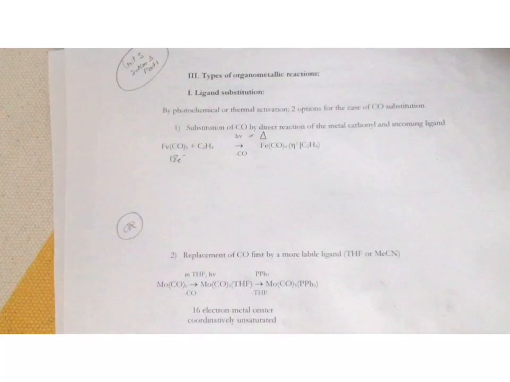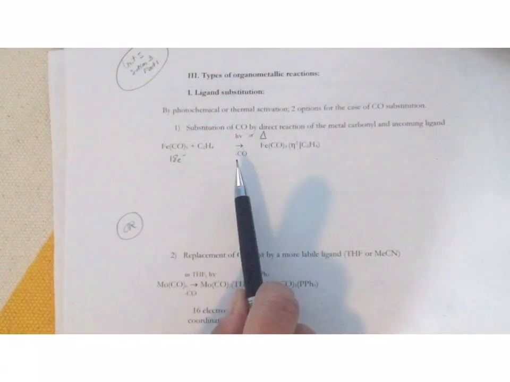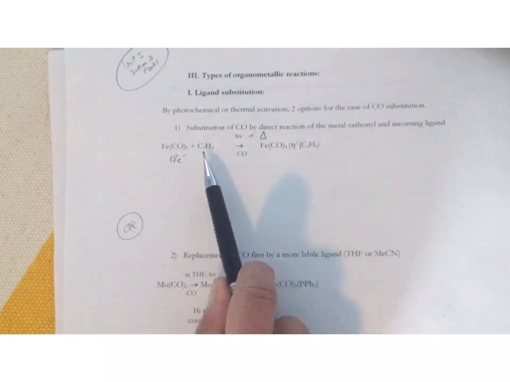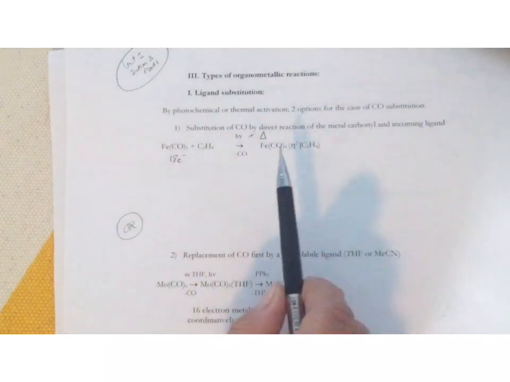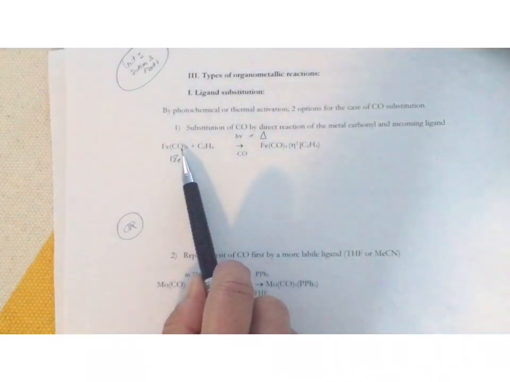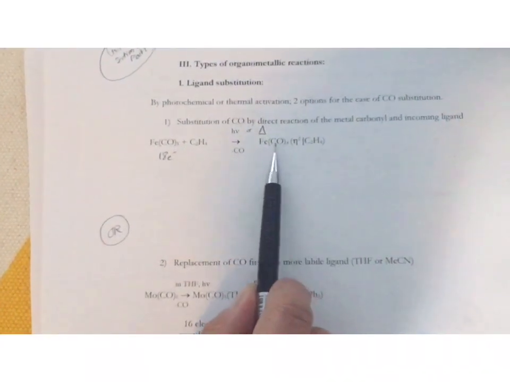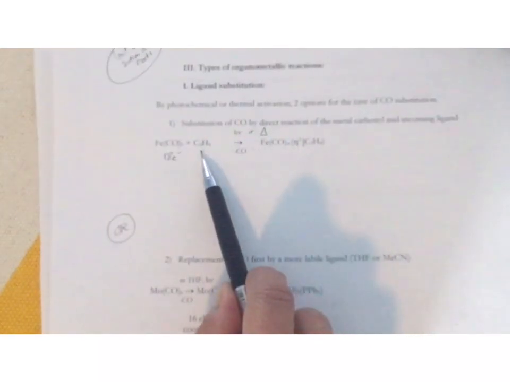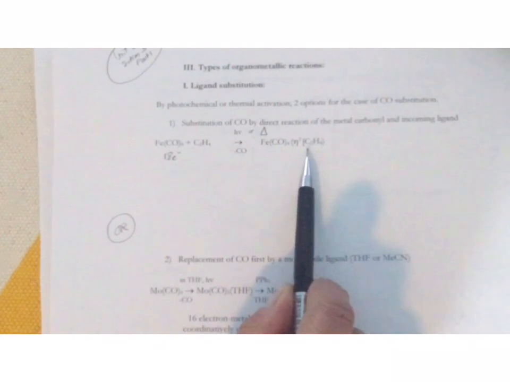When we add the eta-2 ethene to this complex, one of the carbonyls is going to get kicked out and be replaced with my ethene. So at the end I'm going to have 4 carbonyls instead of 5, and my eta-2 ethene will be added.